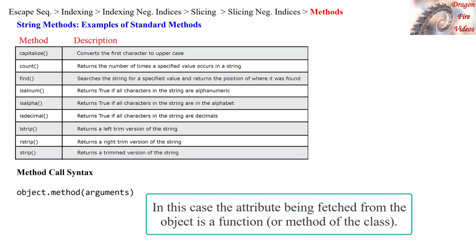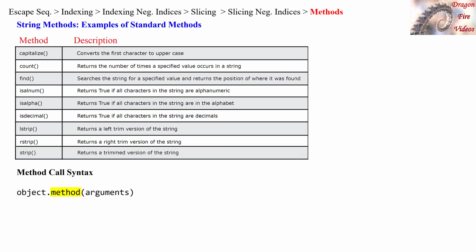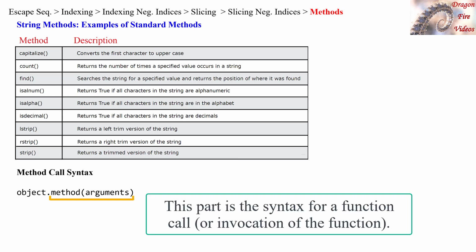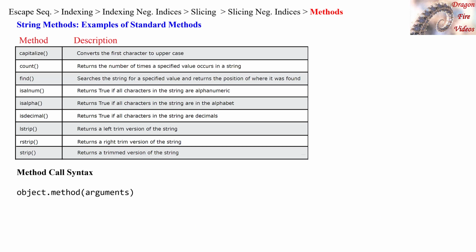Okay? Now, since that attribute is a function, when we look at how to do the function call, where it's function name, parentheses, and an argument list, this means invoke the code of the function where you're passing forward the arguments. And when we combine these two expressions together, this is how, in fact, we invoke the method call.